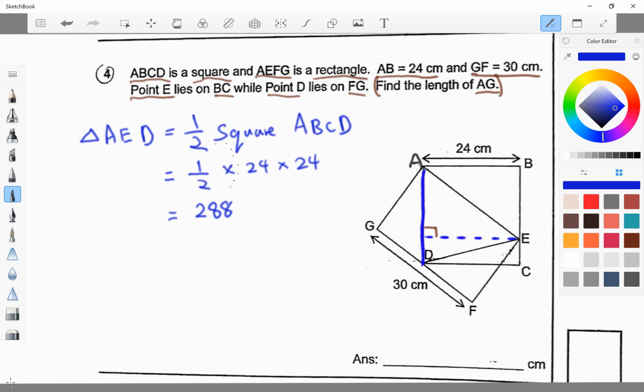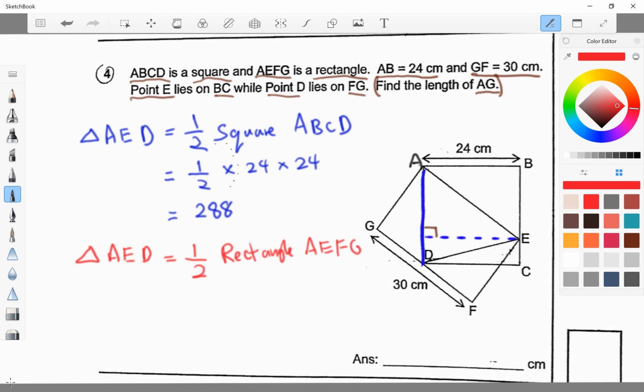And at the same time, we also can state that this triangle AED is also half of rectangle AEFG. So triangle AED is not just found inside the square, it's also found in rectangle AEFG. So triangle AED is half rectangle AEFG.